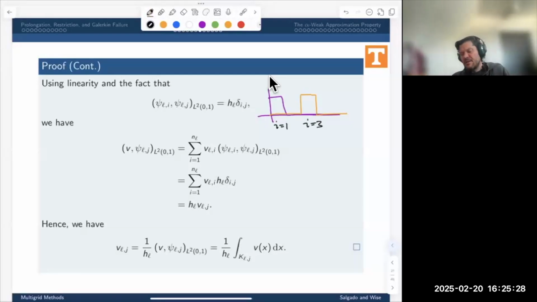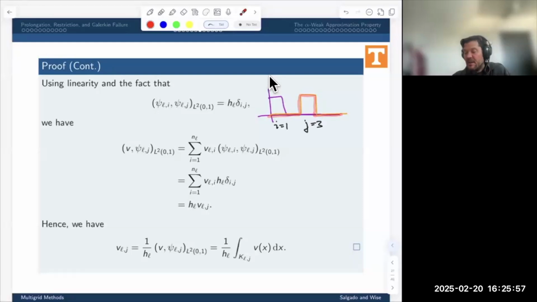If I multiply those two basis functions together, I get 0, because i and j are not equal. The only way I'm not going to get 0 is if i and j are equal to the same thing. For example, if i and j are both equal to 3, then both basis functions look like this.